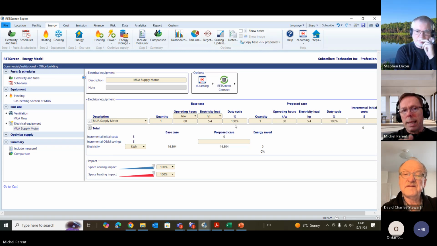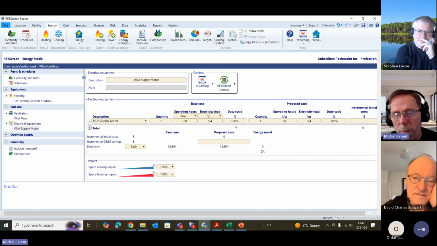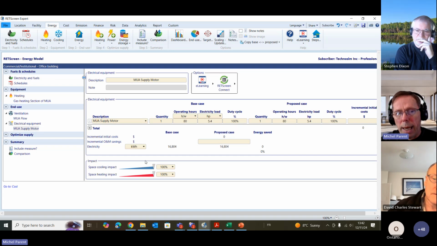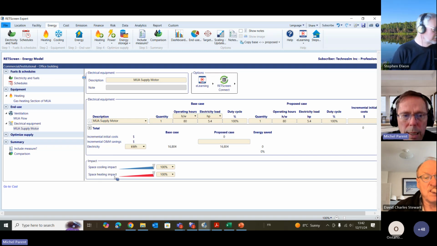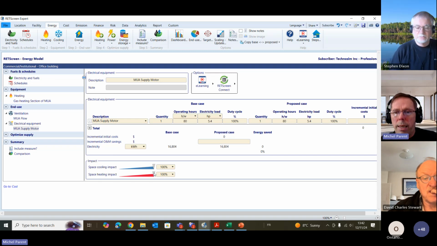Now, this fan is, let's say it's in the airstream, and even though it has no impact on our results for this time, it is still important to think about that. It has an impact on heating and cooling. If there was cooling, there's no cooling, there's an impact on heating. All the heat from the motor and from the fan goes into the airstream, so you make sure that this is at 100%.